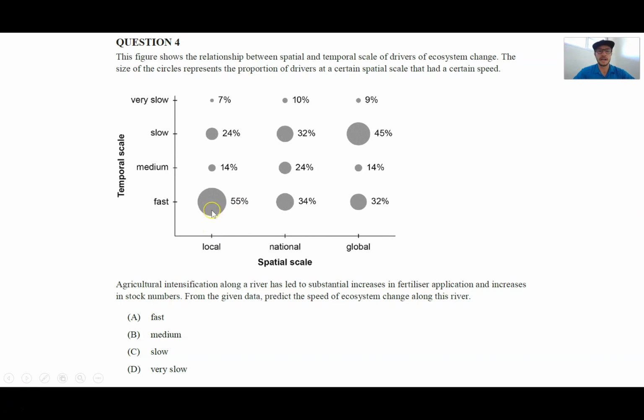So we know that our answer falls within this local region. But then how do we know, is it going to be fast, medium, slow? Well, you can see 55% is the largest driver in this temporal scale. So it's going to fall in this region of being a very fast change.